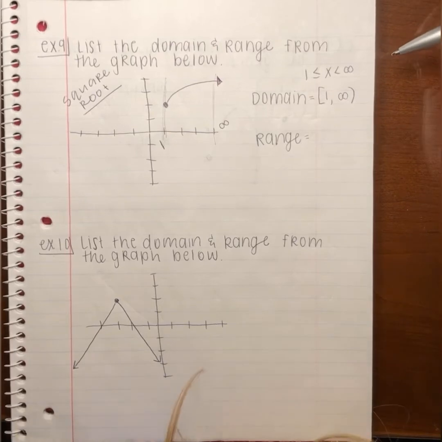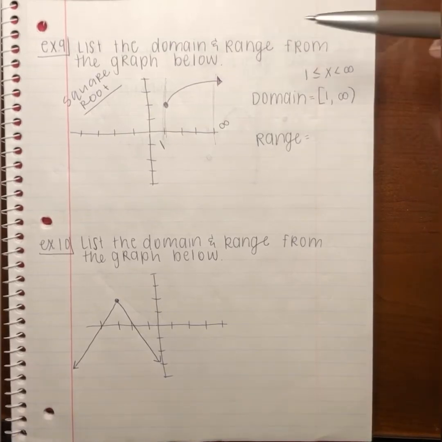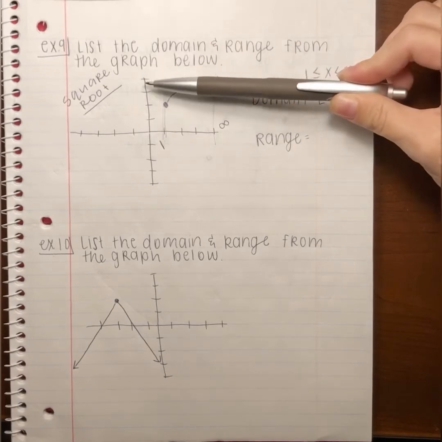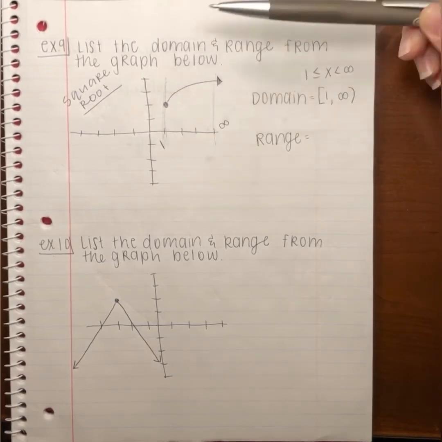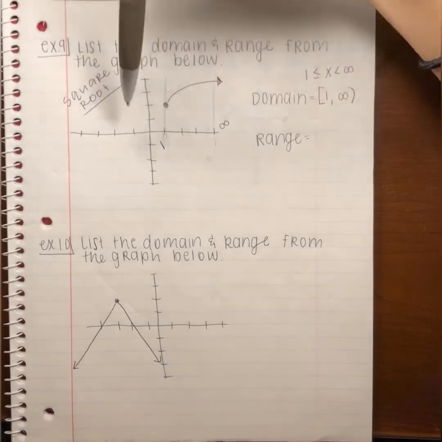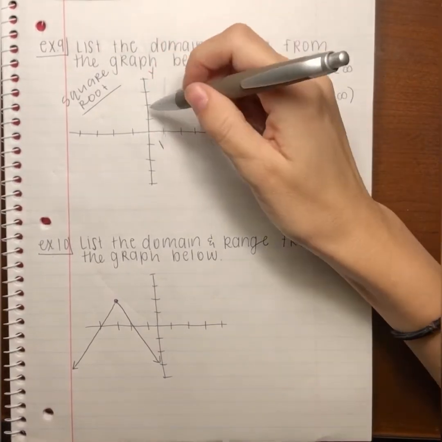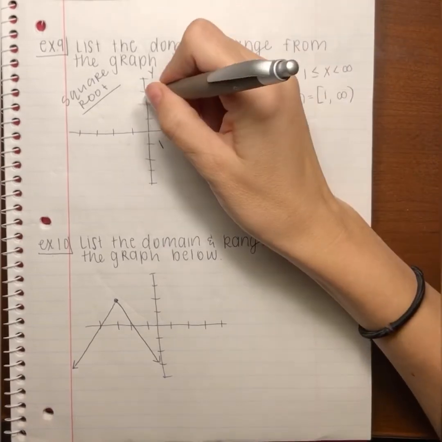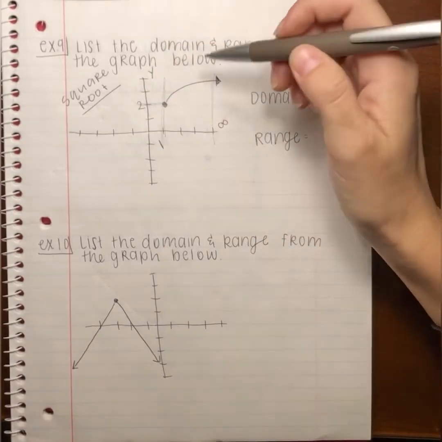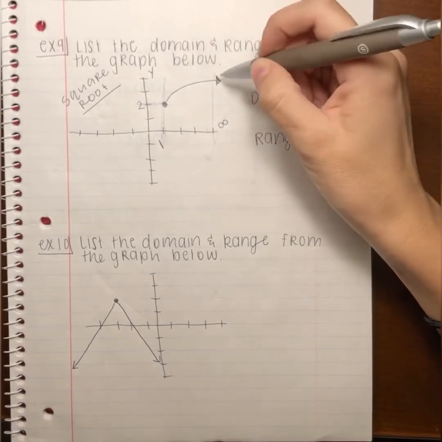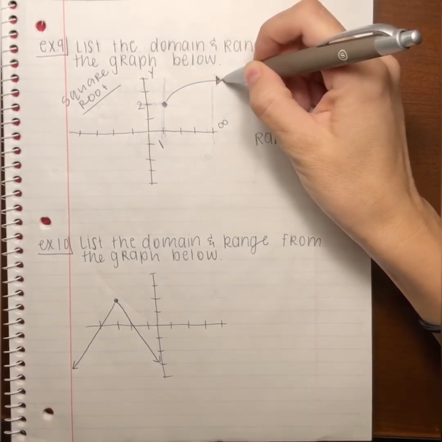And then for our range, the furthest down, or the smallest value I would have on my y-axis, would be right here. Here's my y. So the furthest down it goes is at +2. And then the highest it goes gets to about 4 and stops on an arrow, which means it doesn't actually stop.